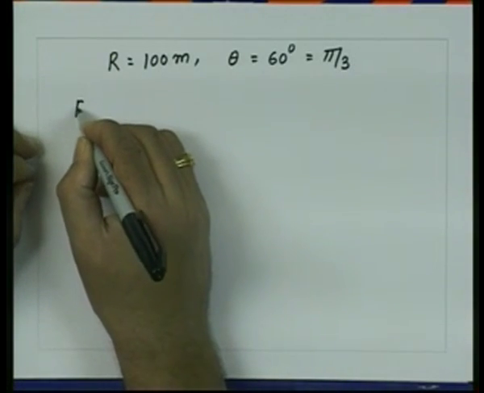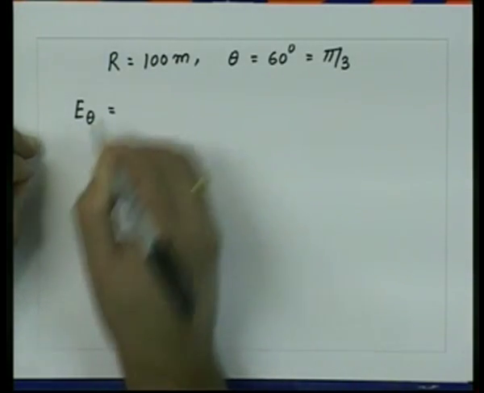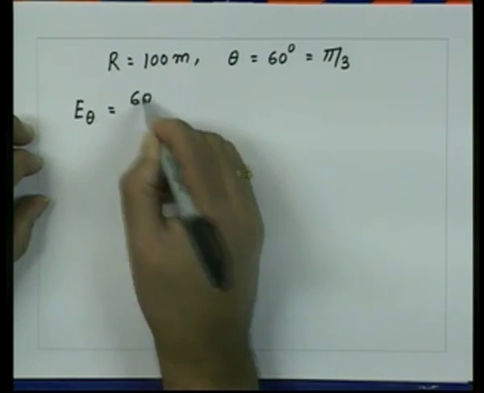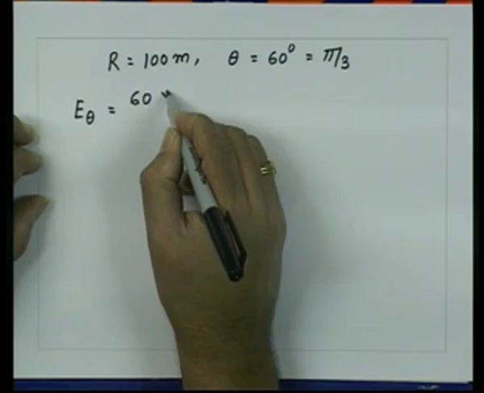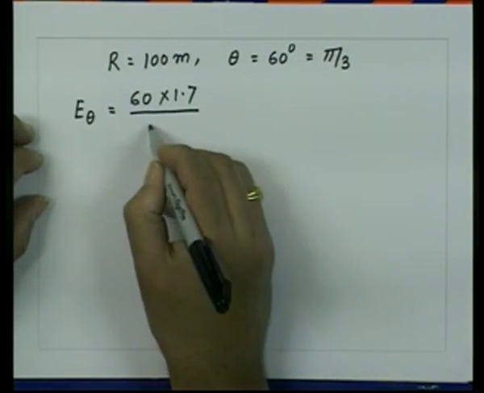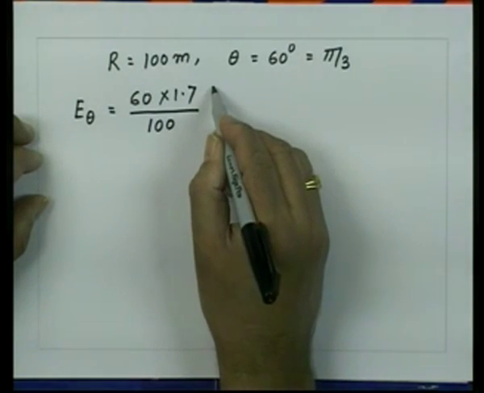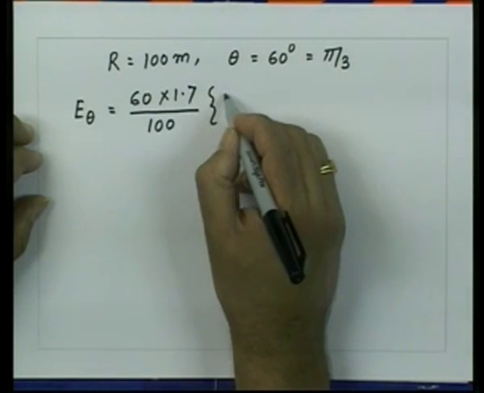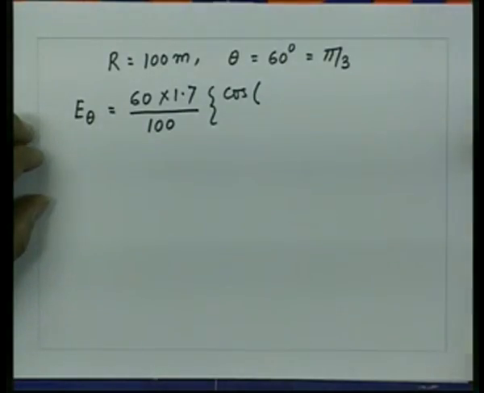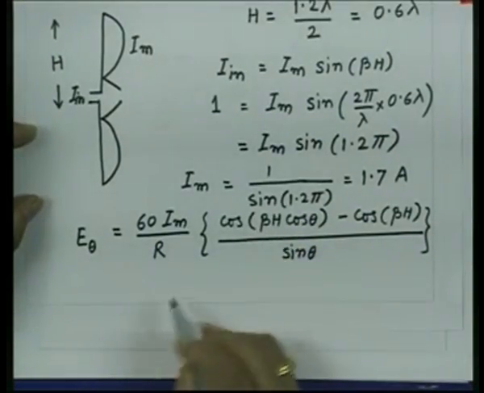So the theta component of the electric field will be equal to 60 Im, which is 1.7 amperes, divided by 100 meters, into cos of 1.2 pi, that is beta h, multiplied by cos theta, which is 1 by 2.